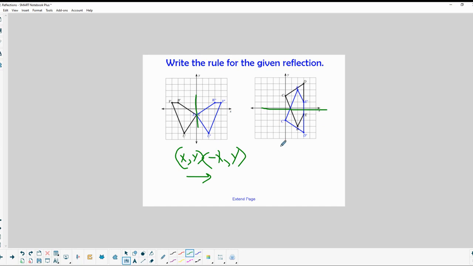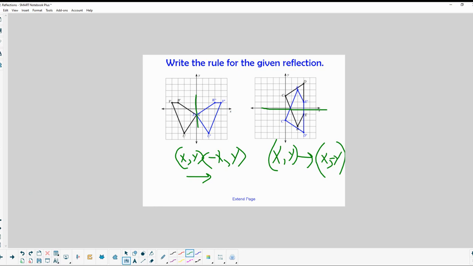So in that case, when you go across the x-axis, the x value, excuse me, the x value stays the same, right? See how the x is staying the same? And the y value becomes its opposite. That's what happens in that case.